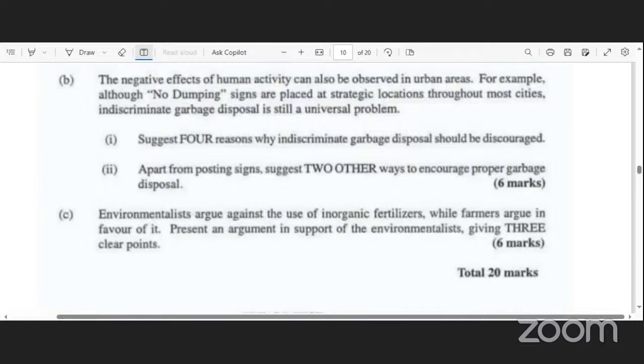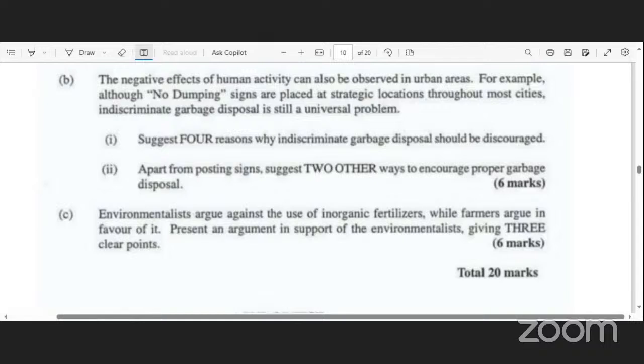The negative effects of human activity can also be observed in urban areas. For example, although no dumping signs are placed at strategic locations throughout most cities, indiscriminate garbage disposal is still a universal problem. Suggest 4 reasons why indiscriminate garbage disposal should be discouraged.